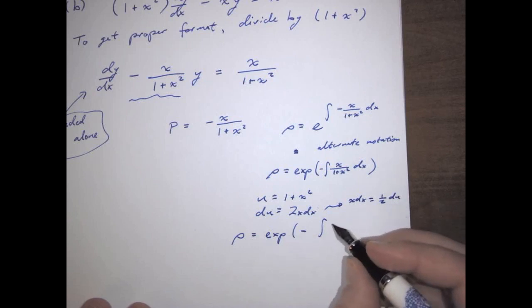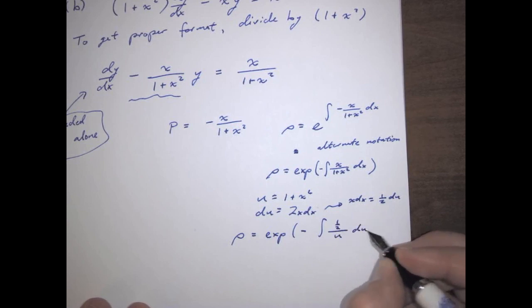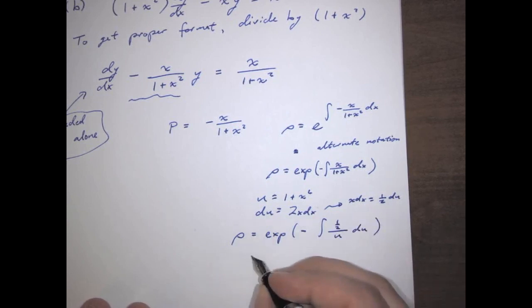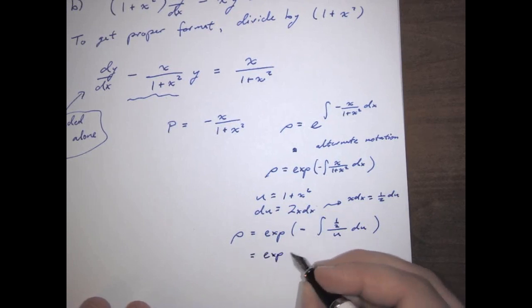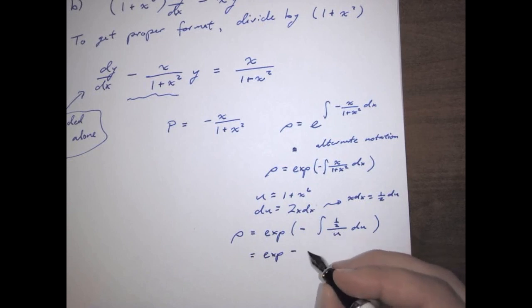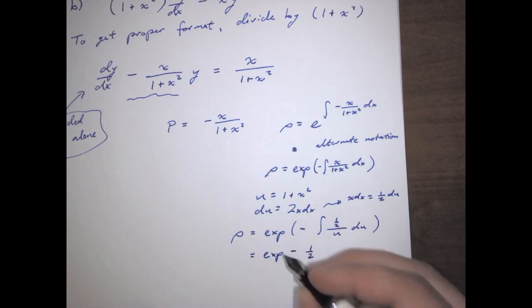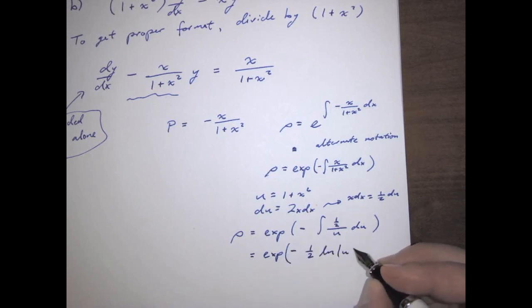So this is the same as 1/2 divided by u du, which is going to be exp negative 1/2 natural log of the absolute value of u.